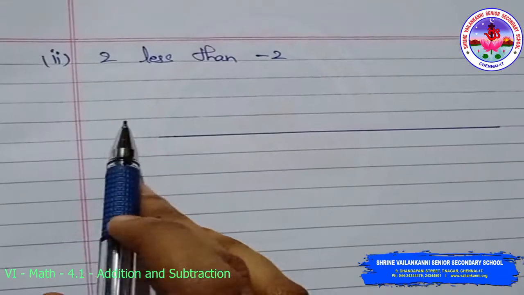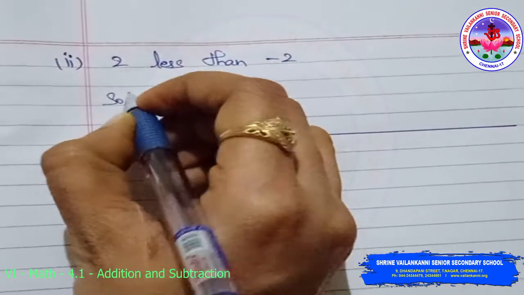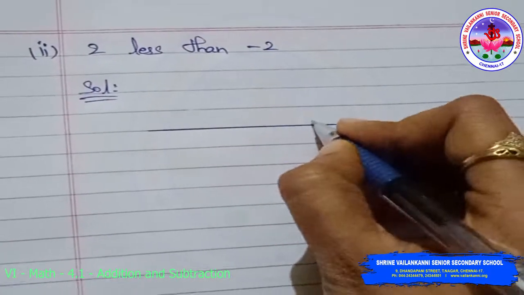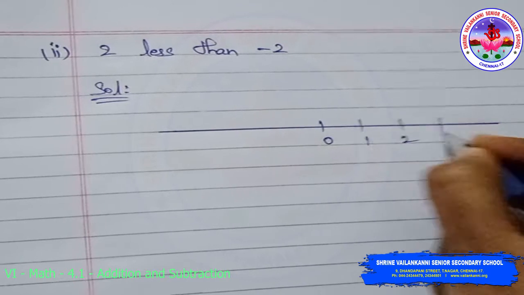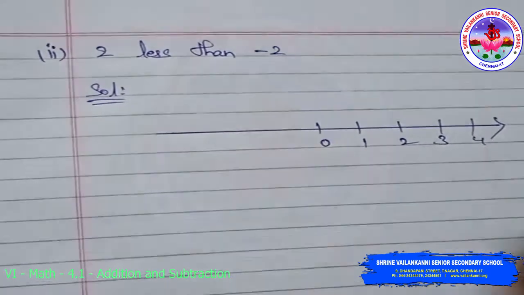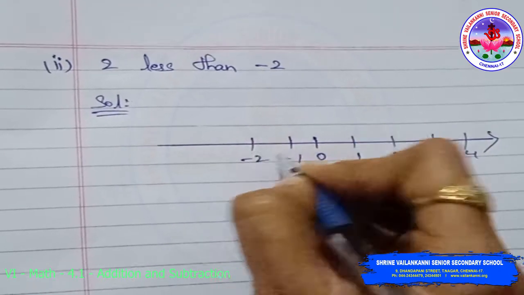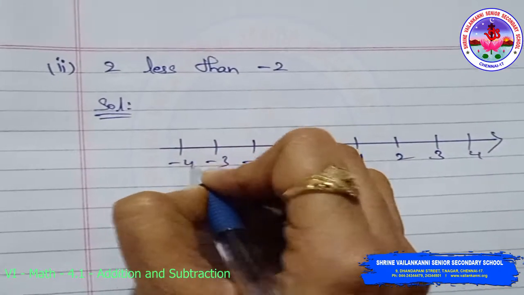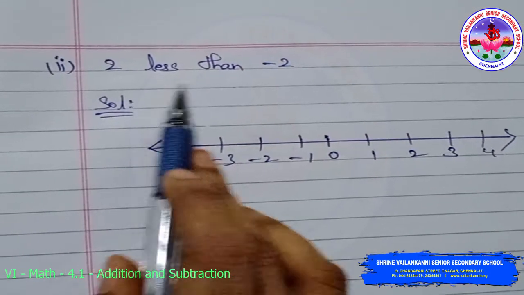Next, second question: 2 less than negative 2. First, draw the number line. The center value is 0. On the right side, positive 1, positive 2, positive 3, positive 4. Left of 0, negative 1, negative 2, negative 3, negative 4. The question is 2 less than negative 2.